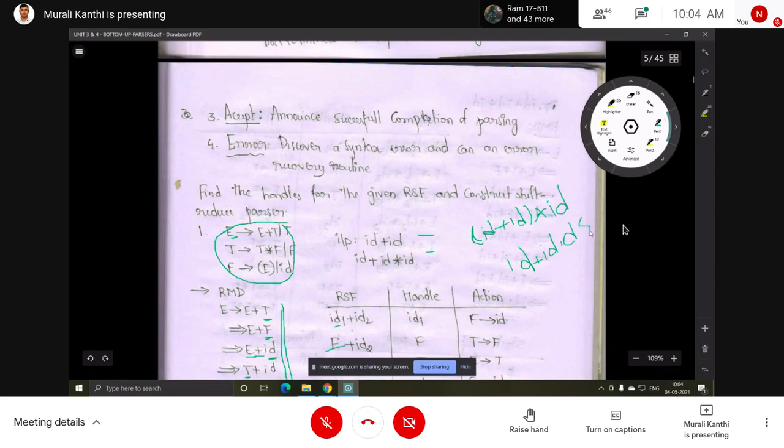This input string is not accepted, and in this case the action is error. id plus id: this is not accepted. This one is accepted, and this one also accepted. But this kind of input string will not be accepted by this type of grammar.